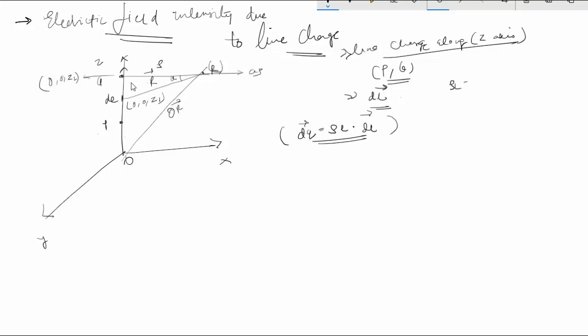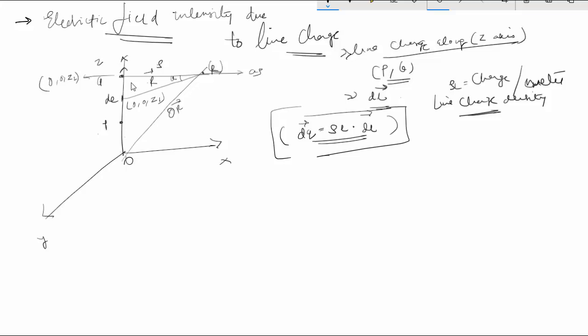Rho L is equal to the charge per unit centimeter or charge per unit meter. This is known as line charge density, which I have to consider. So this is my charge dq, which is equal to rho L into dl.